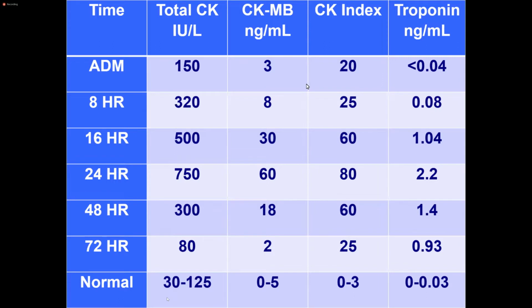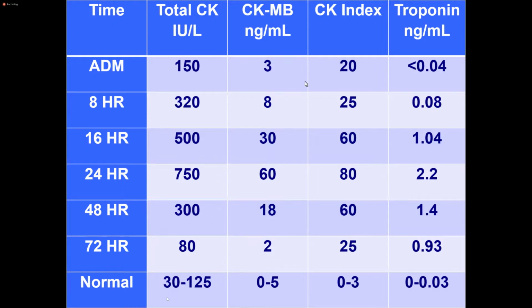In patients who may have reinfarction on the fourth day after the CKMB has come down to baseline level, it may rise again when there is a reinfarction. At the same time, the troponin may still be high on the fourth day. If there is a reinfarction, it will jump up again. So that's about the plasma half-life.